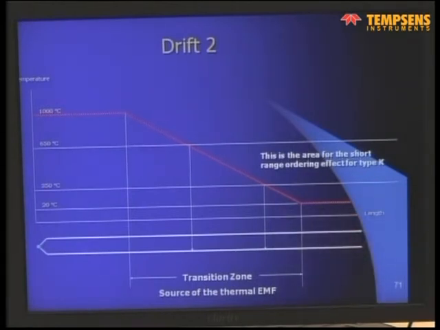As long as the position inside the furnace is not changed, and so the gradient is nearly the same, nothing happens. But when you change the position, then this inhomogeneous area comes out or into a different position of your gradient, and this causes an error. And this is in the literature named the short-range ordering effect.